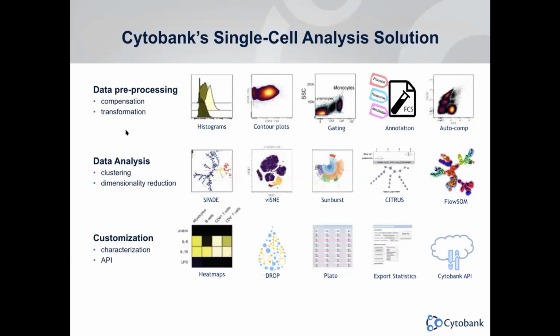After the pre-processing, we can use either clustering or dimension reduction tools like viSNE, FlowSOM, or SPADE to further visualize your data. As it is cloud-based, you can run multiple analyses simultaneously, and there's no need to take up the memory of your local computer.